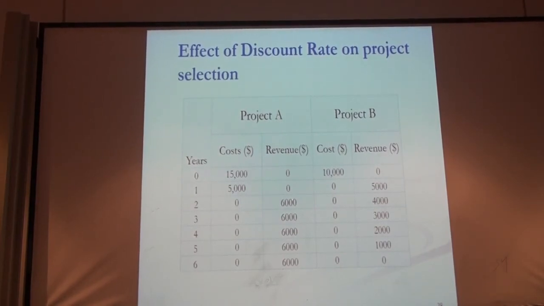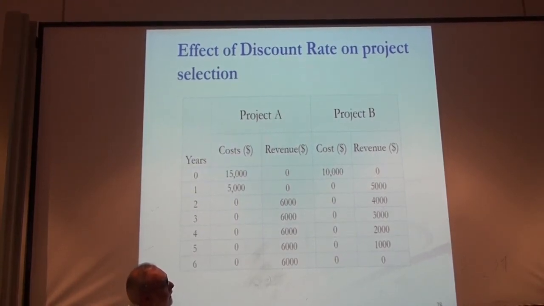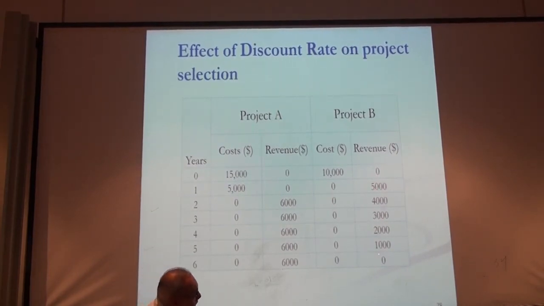Of course, the first 2 years is nothing, then we have the next 4 years, it is $6,000. Here we have project B, we have a cost of $10,000 and then there is no cost here. We have revenue coming from the start of the first year: 5,000, 4,000, 3,000, 2,000, etc.